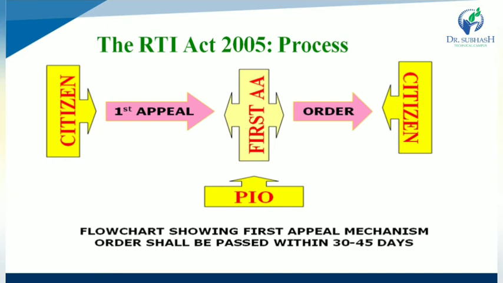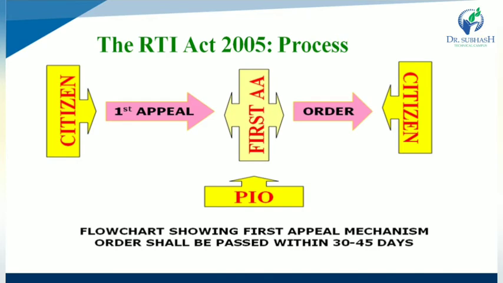So what is the process of the Right to Information Act 2005? The exact process is designed with the help of a flowchart. This flowchart shows the first appeal mechanism, and the first appeal order shall be passed within 30 to 45 days.